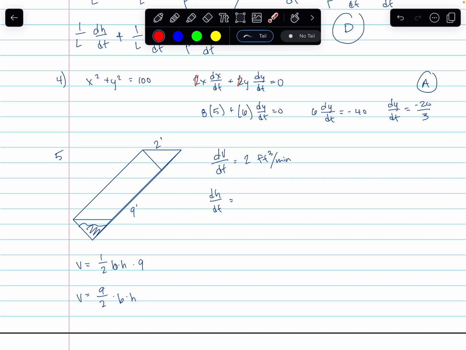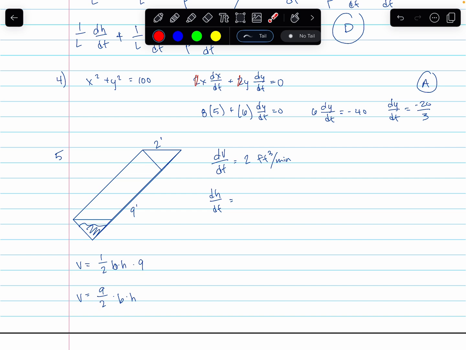What do I need to do here? Can I solve for the base, maybe?